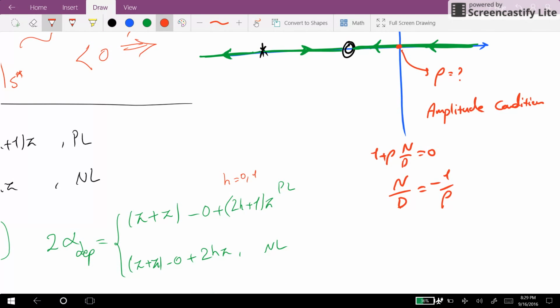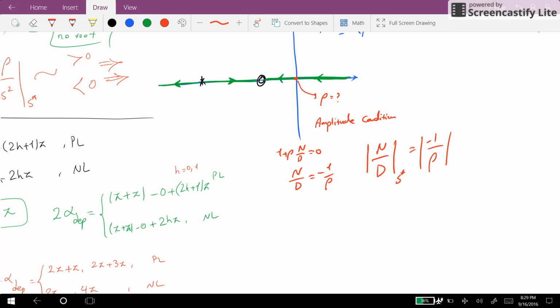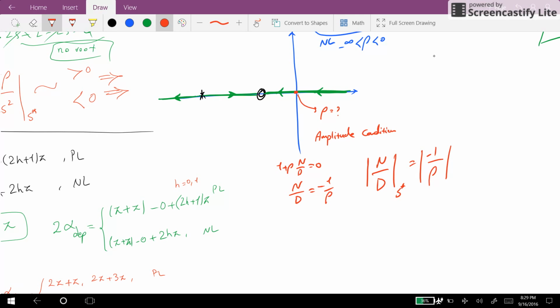And from here, we know that the amplitude of n over d evaluated at s star should be equal to the amplitude of 1 over rho. Here s star is equal to 0.